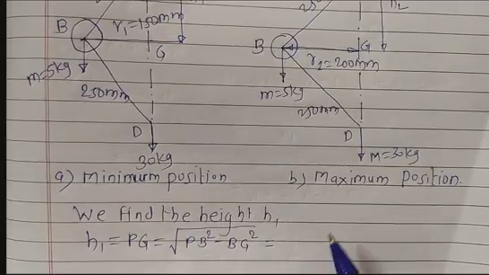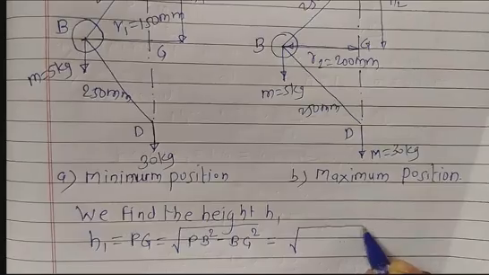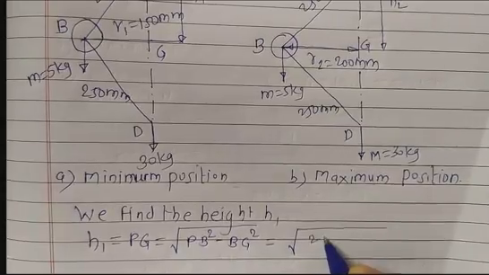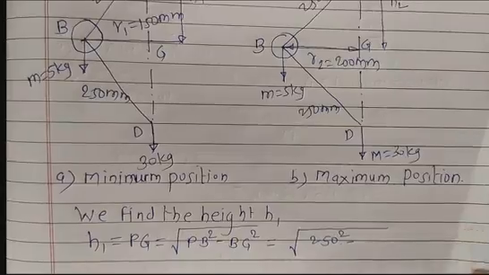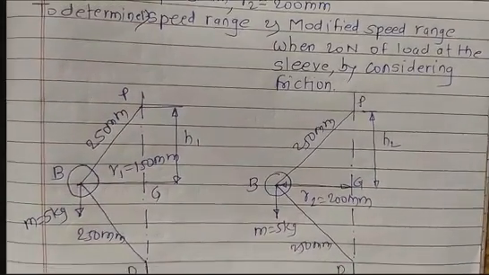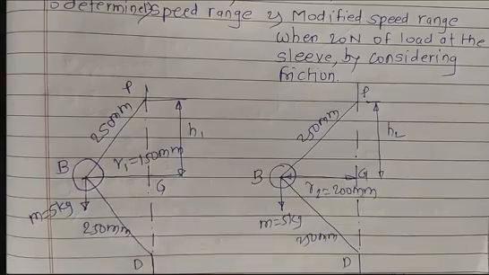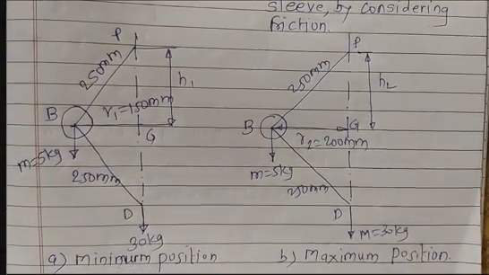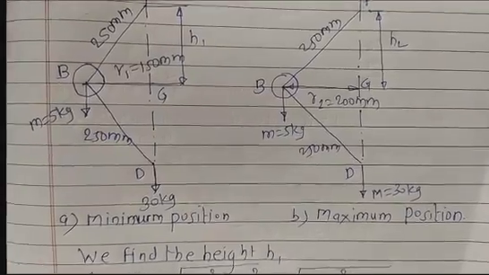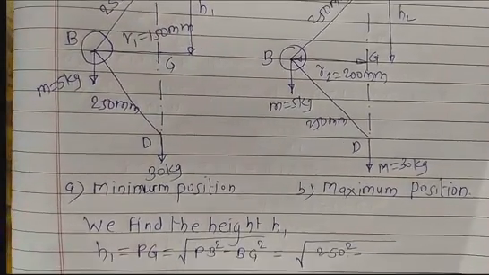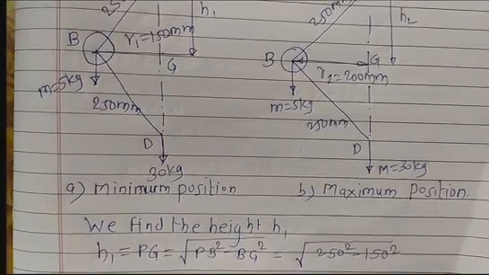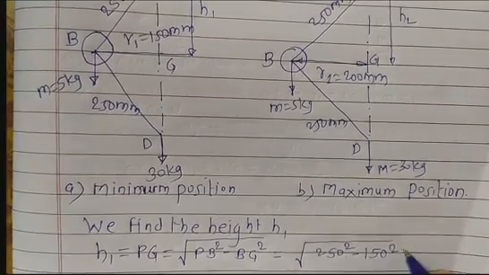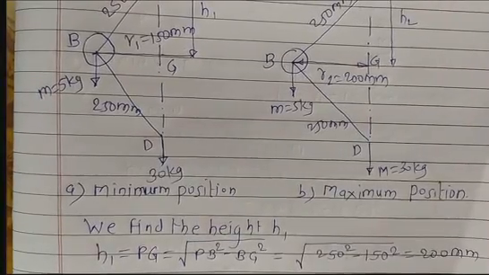Now from geometry, just substitute the values for PB and BG. PB is here and BG is here. This one is 150, this one is 250. So substitute the value of BG here as 150. After doing the calculation, we get the height h1 equals 200 mm.